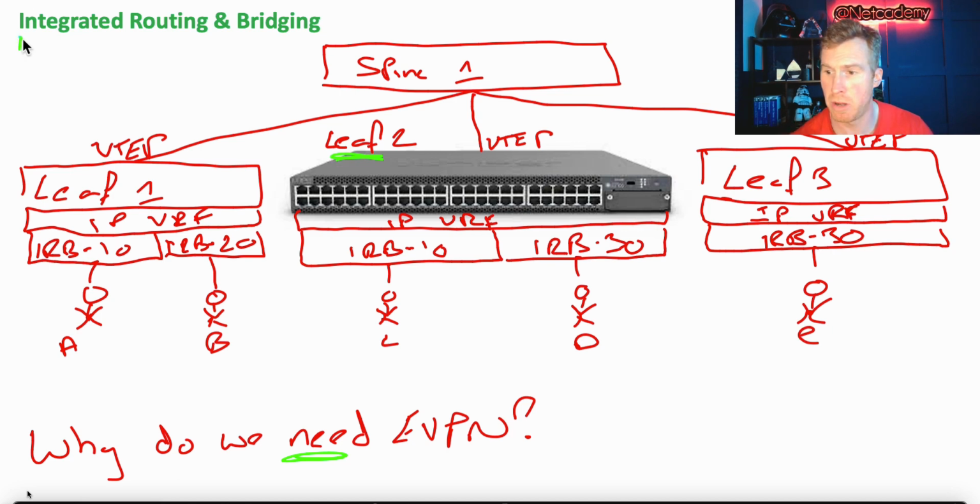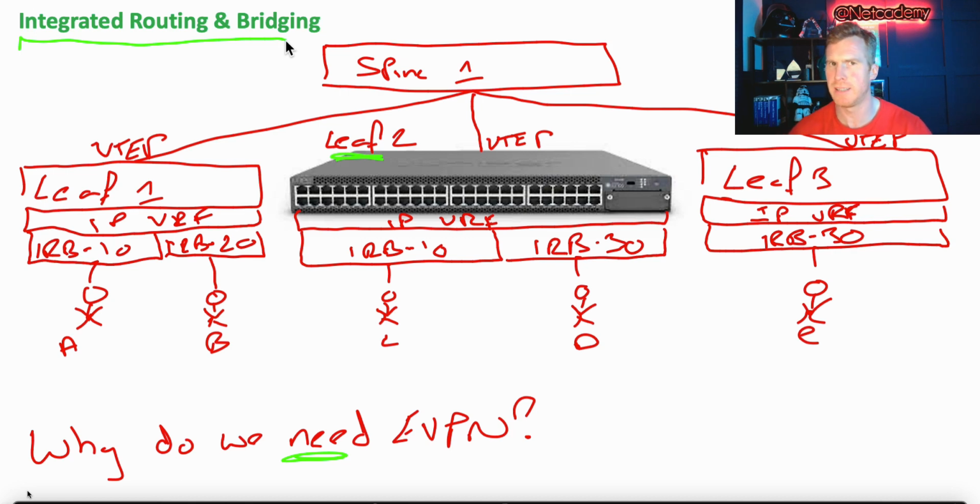I had the IRB interface configured on its own leaf, and that allowed it to route packets from one VLAN to another VLAN, inter-domain. It also allowed it to bridge inside the same VLAN.